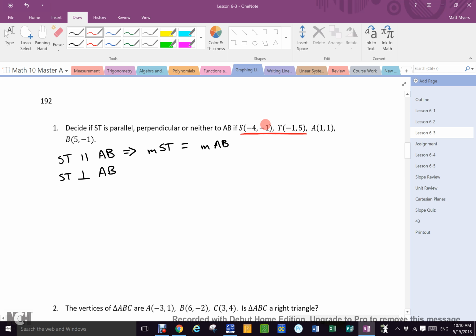The first one is y2. Okay. y2, so that makes that x2, so that makes that x1, so that makes that y1, right? So the slope of ST would be what? How do I write it? Slope of ST equals y2 minus y1 over x2 minus x1. What is it?